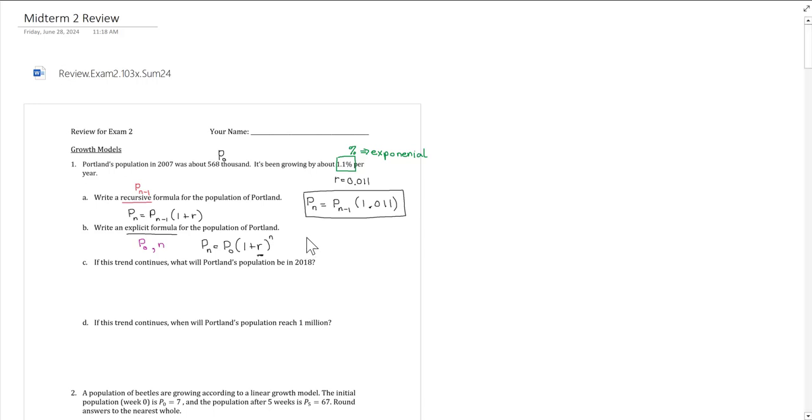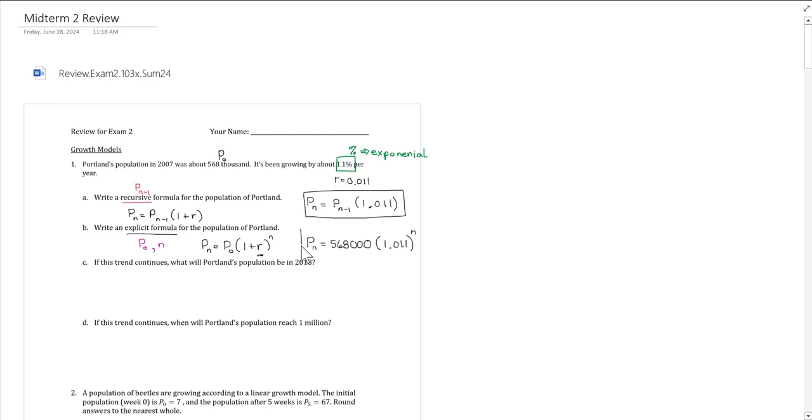Therefore, my formula is going to be the population at any point in time is equal to 568,000, which you may want to just add your 3 zeros so you don't have to worry about the word thousand, times 1.011, which is 1 plus r, to the n.